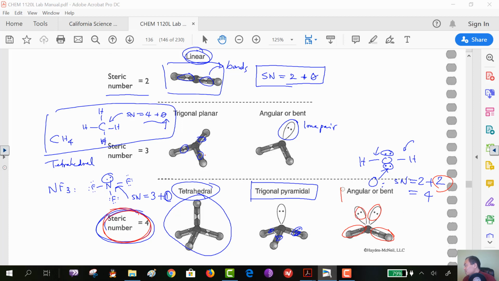So this shape is called either angular or bent. That's how we figure out the molecular shape based on the correct Lewis structure. We don't need to build a molecular model to figure it out. So that's kind of cool. Let's look at a few more examples so you know how to complete your homework.